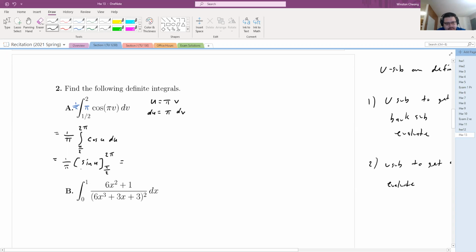The way that I've written this, I'm trying to keep the 1 over pi outside of the calculation. I'm trying to say that the evaluation is only applying to the stuff inside the square brackets. Okay, so sine of 2 pi is 0. Sine of pi over 2 is 1. And so you end up with negative 1 over pi.